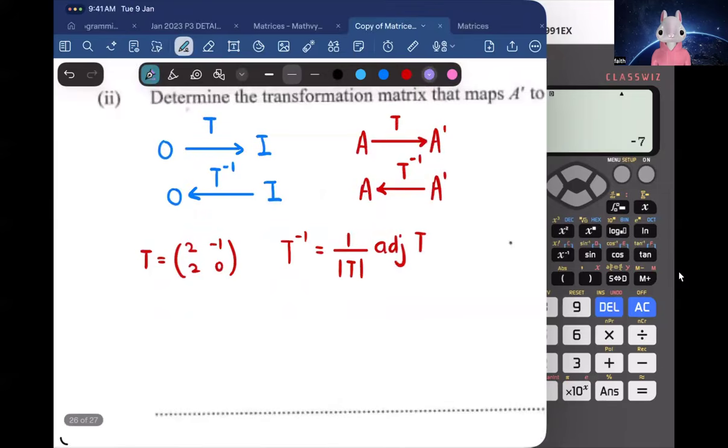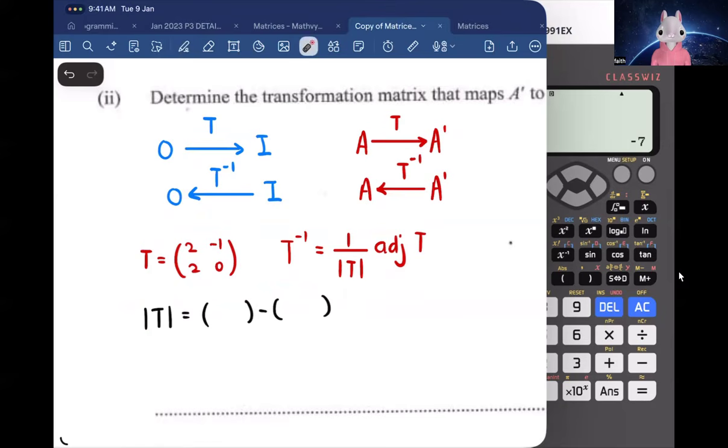So let's find the determinant first. You tell me what to write inside. Remember, the determinant is the product of the first diagonal minus the product of the second diagonal.